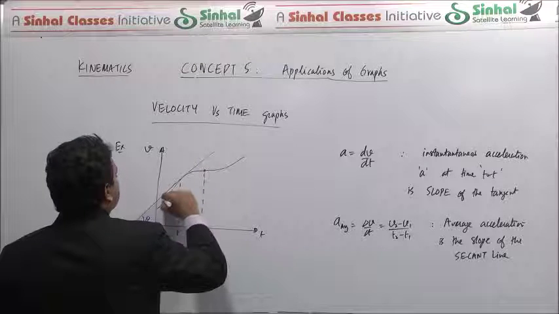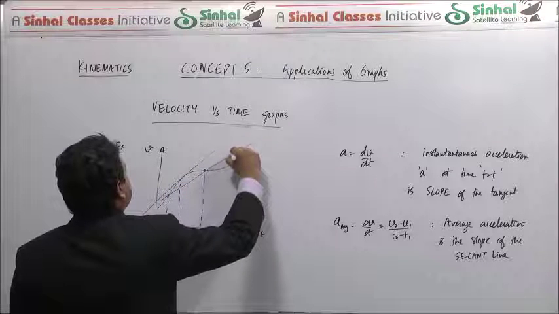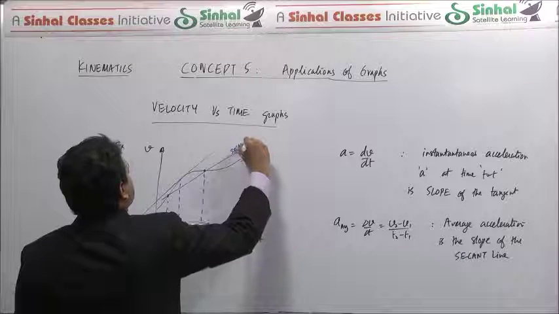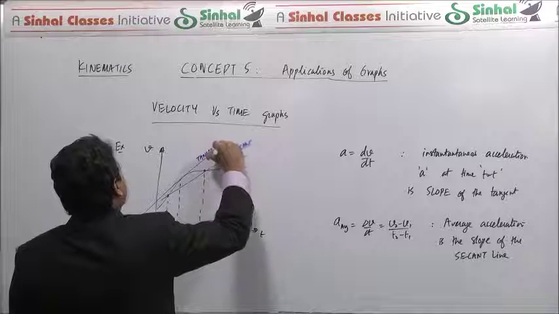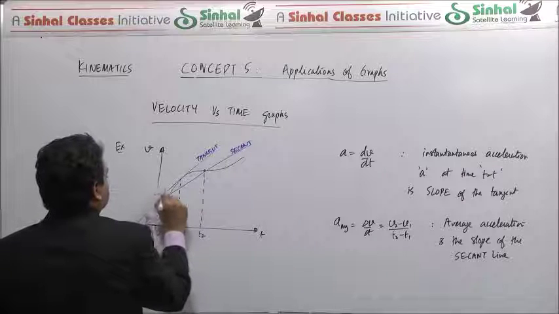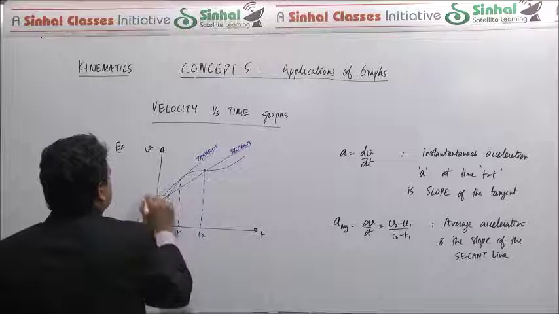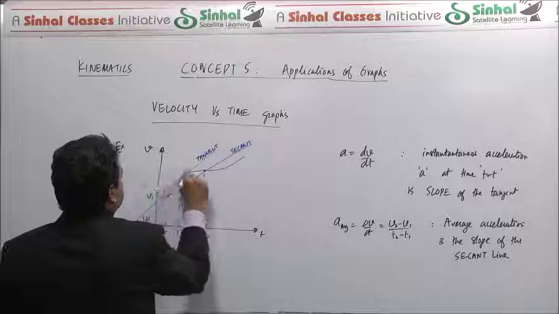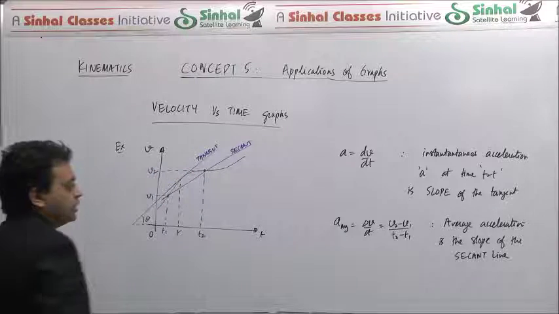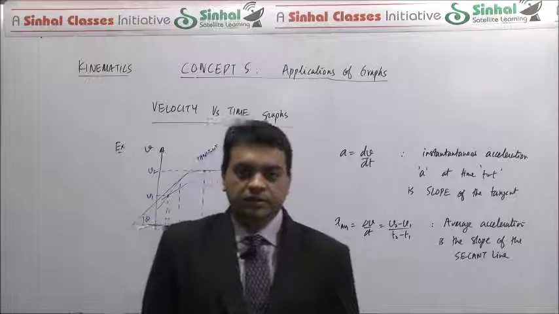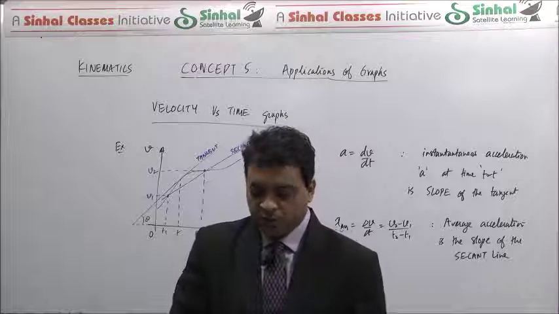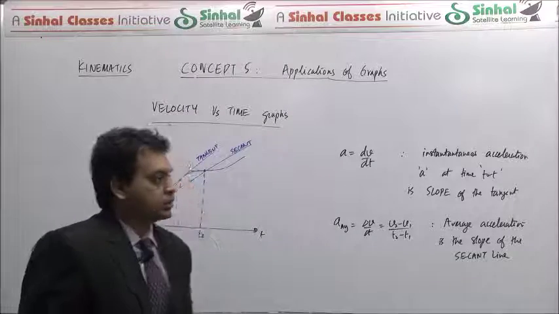So we join these 2 points with a straight line. That would give us the slope, whereas this is the time. So that is the analysis of how we can find out the acceleration from the given velocity versus time graph, both average and instantaneous.